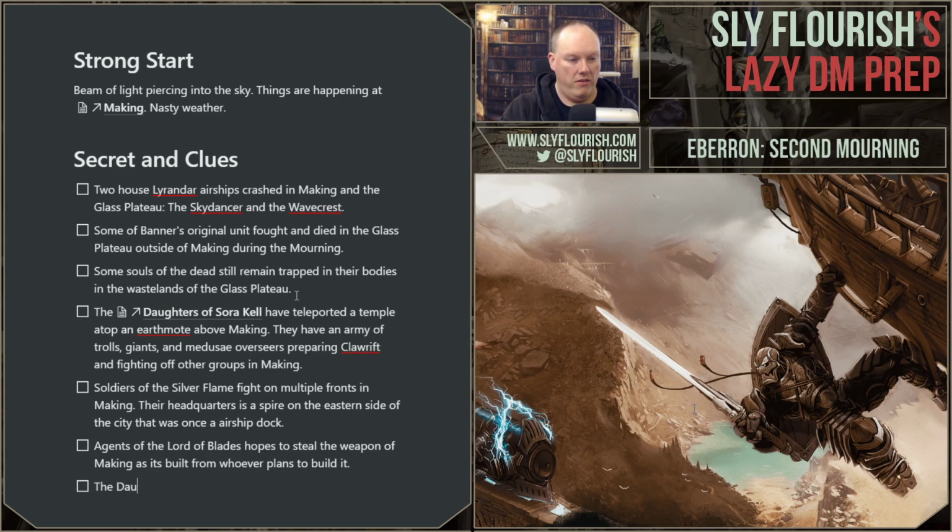The daughters have surrounded Claw Rift with a massive prismatic sphere.